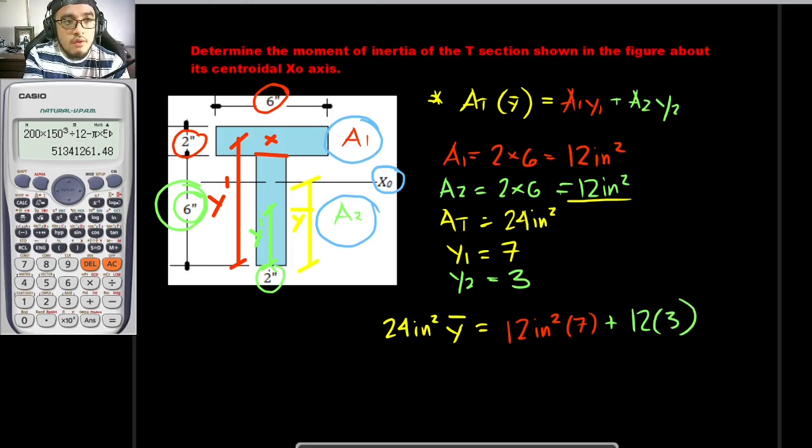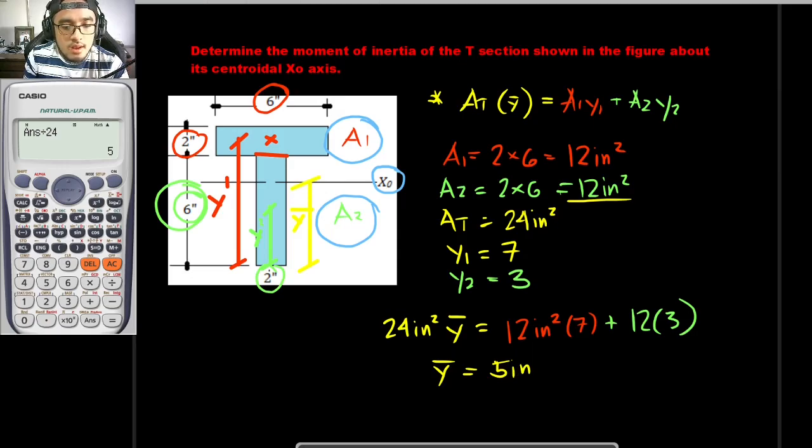So solving for the value of y, that is 12 times 7 plus 12 times 3 divided by 24. Our answer for bar y is equal to 5 inches. So meaning, from the bottom of your section up until your centroidal axis, that is 5 inches.